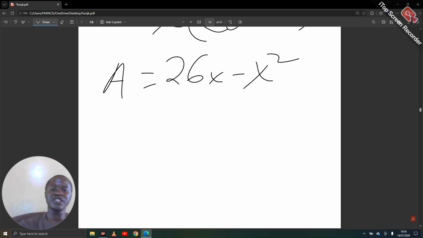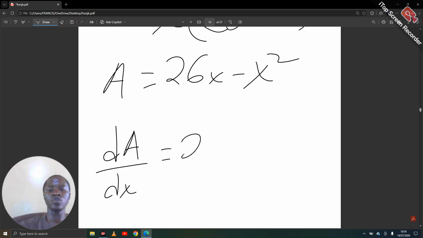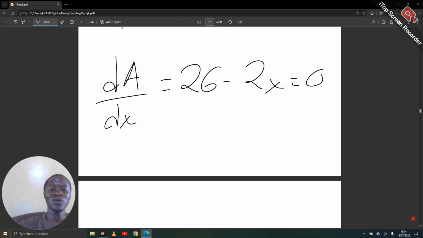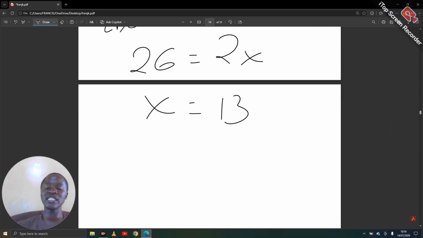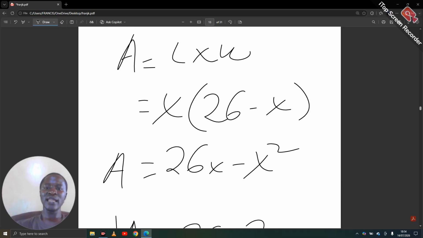Now, differentiate it. dA over dx is equal to 26 minus 2x, which is equal to 0. So we shall have 26 equals 2x. What is my value of x? 13. Remember, that is the width. Now, what is the length?